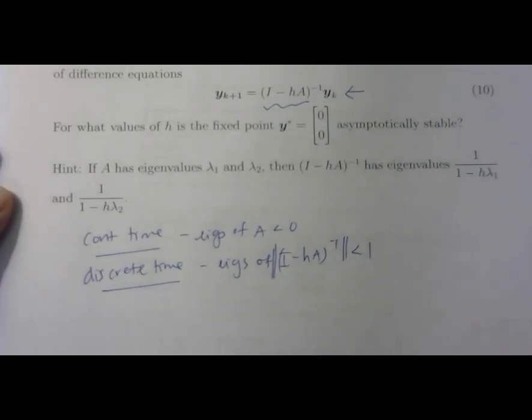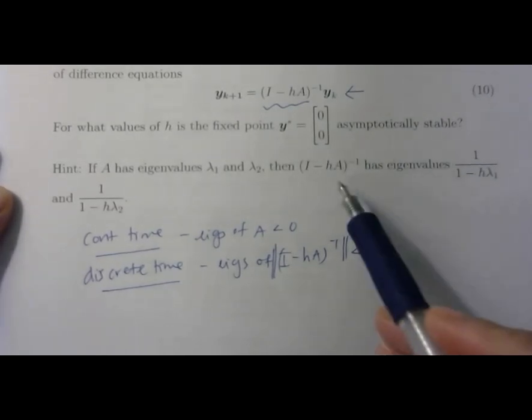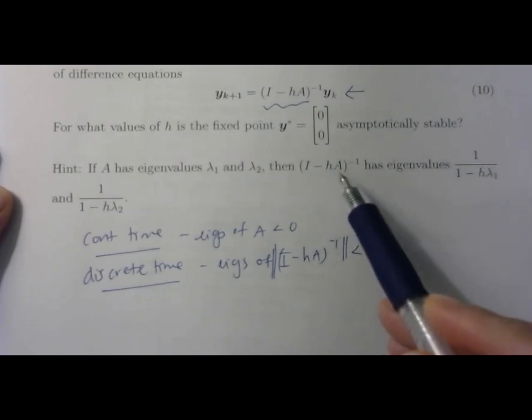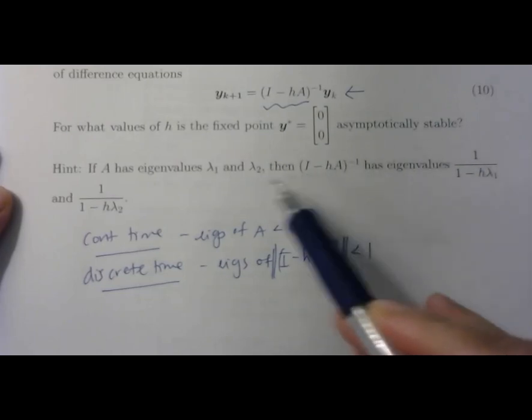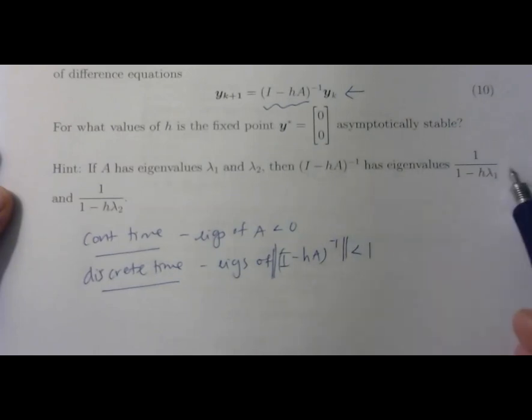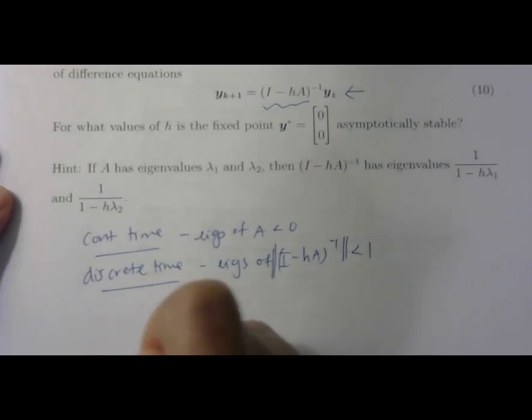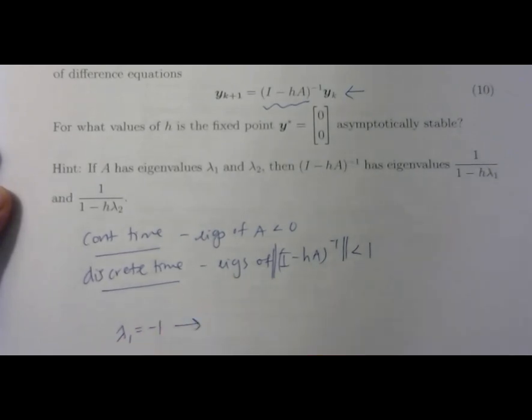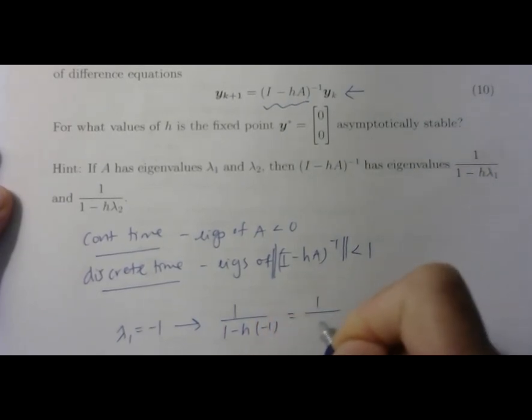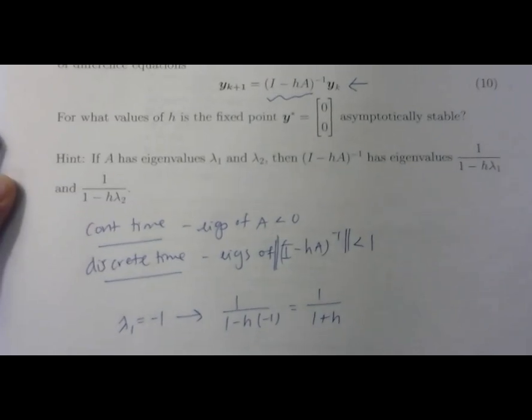So just remember how we can translate eigenvalues, right? If I know an eigenvalue of A, I know how that relates to the eigenvalues of (I minus HA) inverse: inverting means I take a reciprocal, and then I shift by 1 for the identity and multiply by minus H for that factor there. So when lambda 1 is minus 1, that means 1 over (1 minus H times lambda 1) is 1 over (1 plus H).